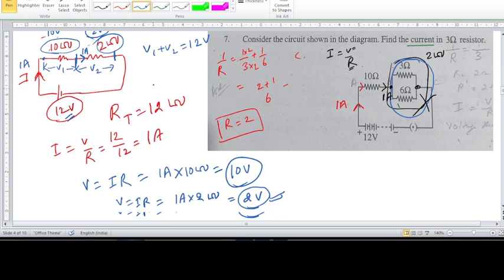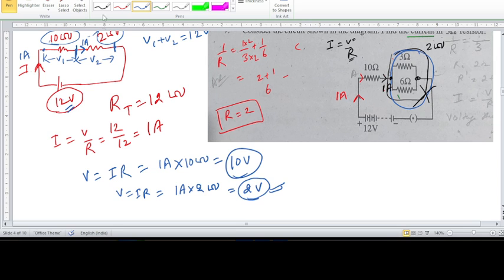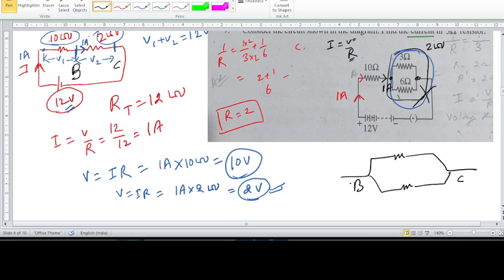Now let me make it more clear. I have just calculated this portion. Just focus on this portion, I am going to name it BC. This is B and this is C. The current here is 1 ampere, and the voltage across this I have is 2 volt.